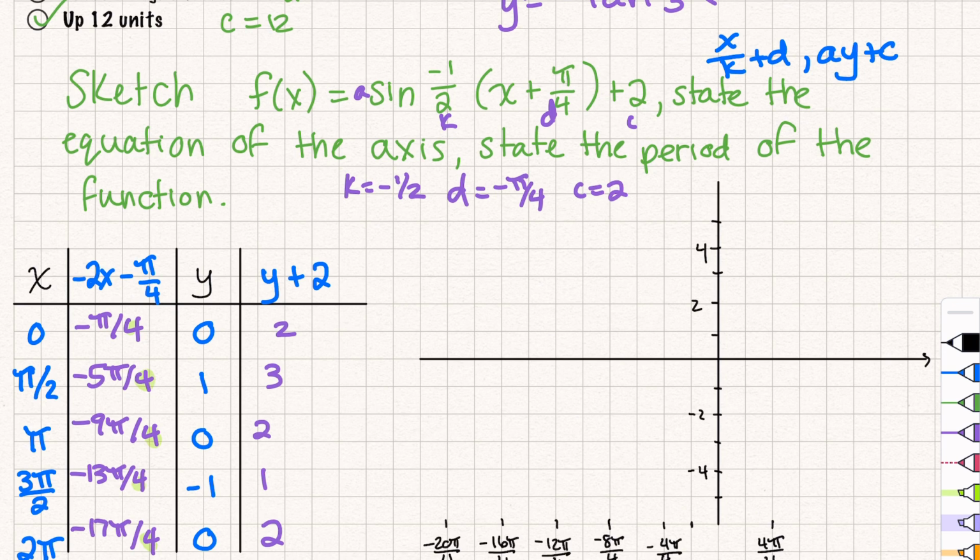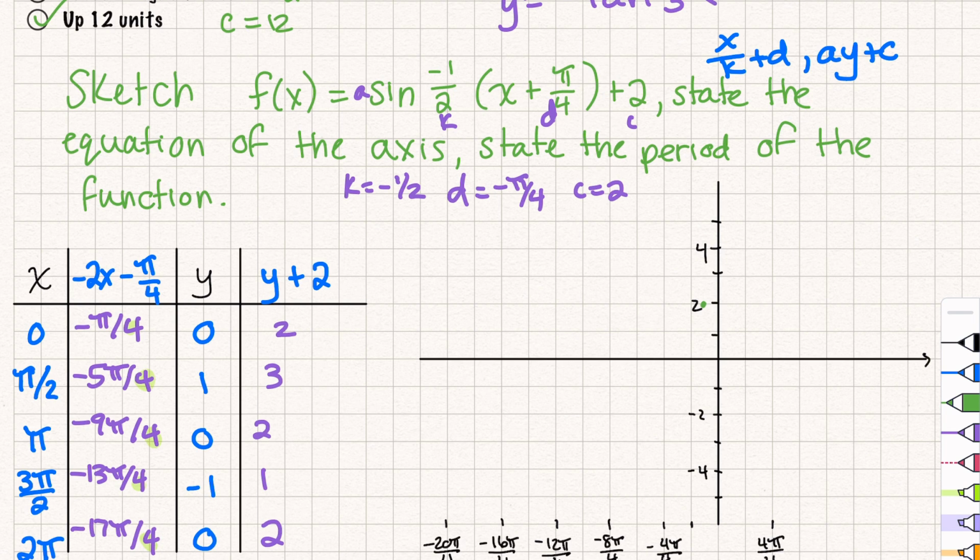Okay, so how's this going to look? So we have negative pi over 4, 2. This is going up by 2's to a point here.